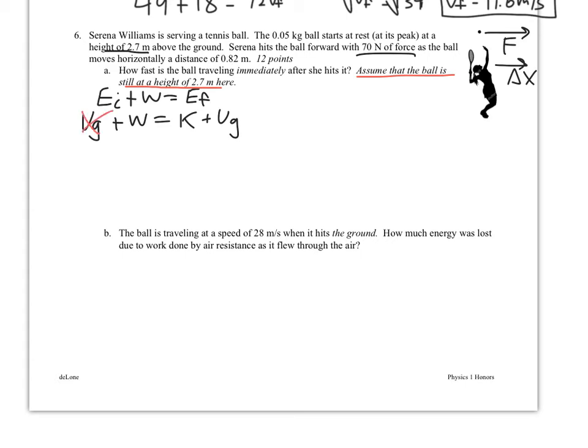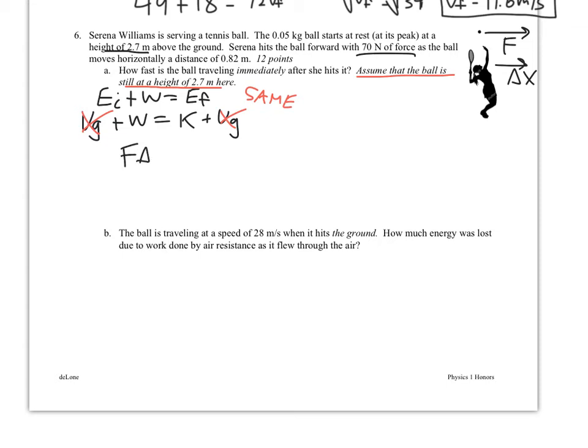So given that those two UGs are the same, since it's the same height, we can actually just get rid of them. Really all we care about for this particular part is the work becoming kinetic energy. Even though we have gravitational potential energy, there's no change in it. It's the same on both sides, so we can ignore it for this part of the problem at least.